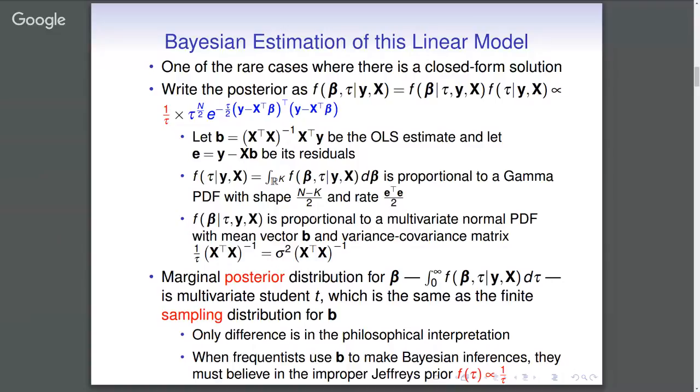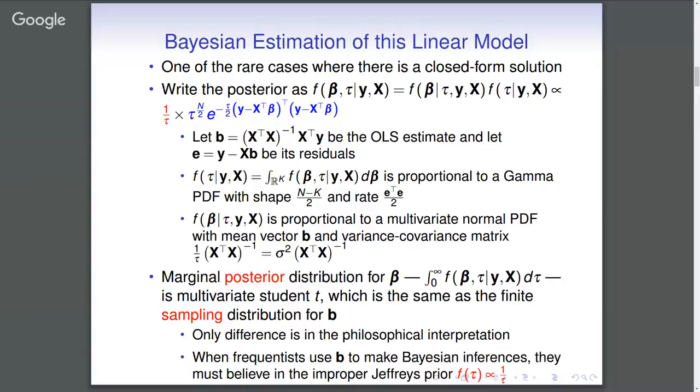That might look very familiar: at least in expectation, it's the same as the OLS regression coefficients, and the variance covariance matrix is the same as the OLS variance covariance matrix of the estimator if you plug in an estimate for sigma squared, which is typically going to be the sum of squared residuals divided by n minus k. We're not going to do that in a Bayesian context. We're just going to draw from these distributions.